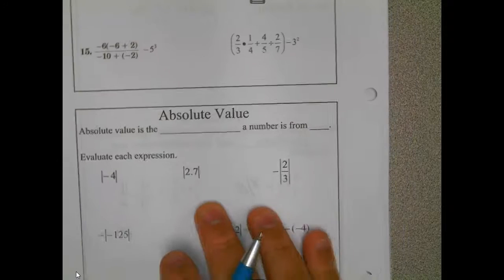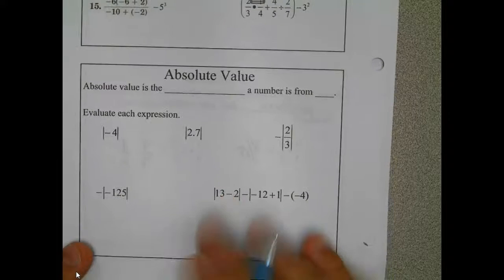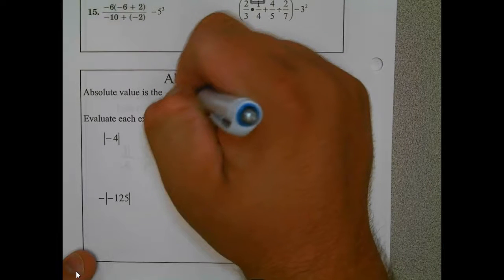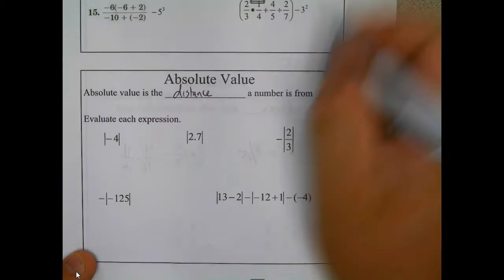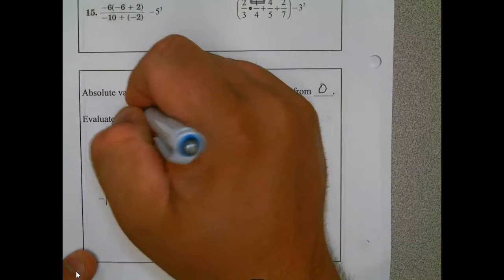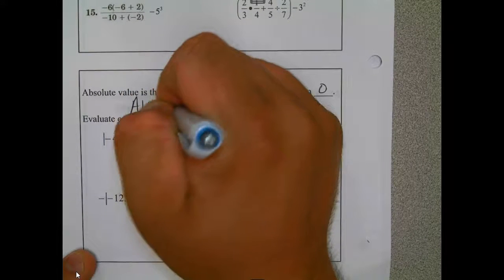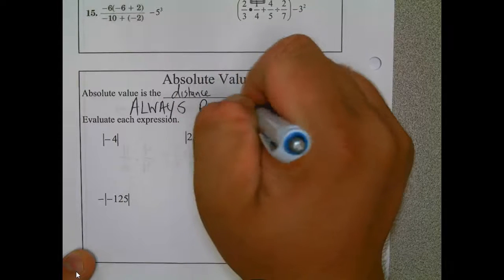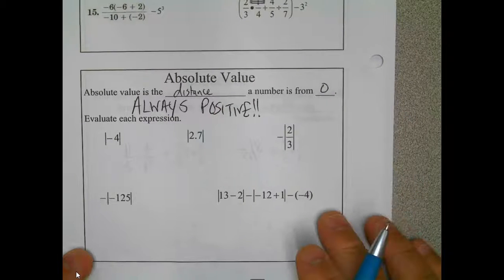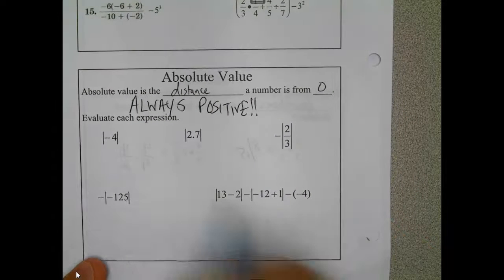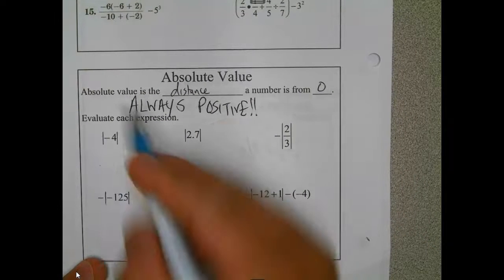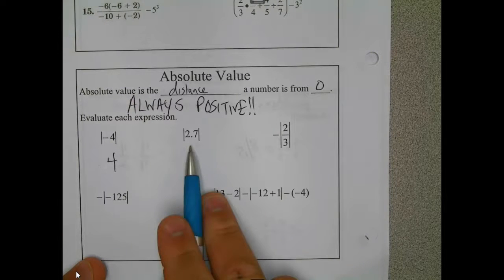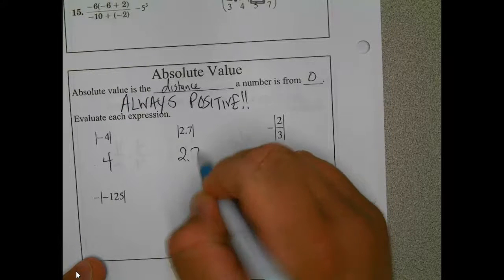Absolute value. Absolute value is the distance a number is from 0. So absolute value is always positive. Now there is one exception to this. So when I'm looking at this one, the absolute value of -4 is 4. Absolute value of 2.7 is 2.7.